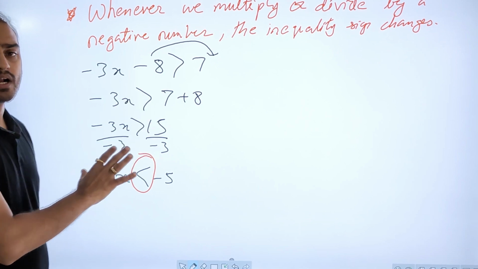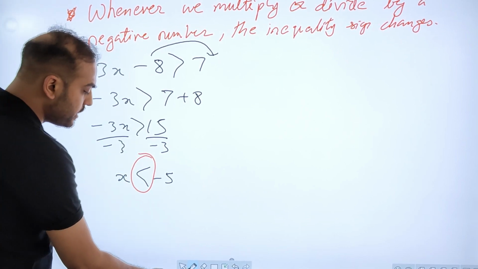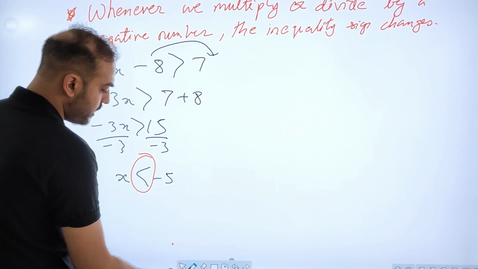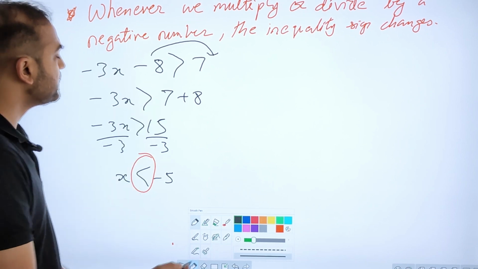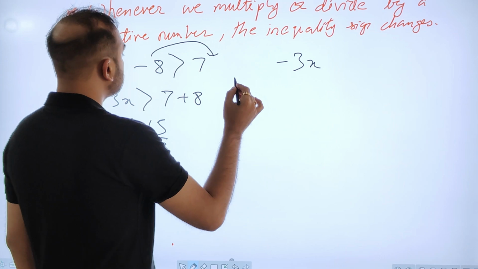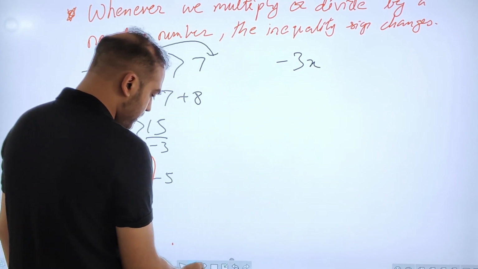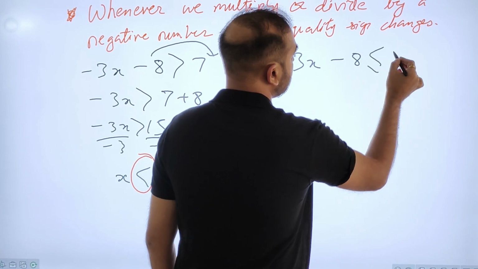I hope you understand the basic concept of inequality. Now had this been a different sign, say instead of greater than, less than or equal to: minus 3x minus 8 less than or equal to 7.